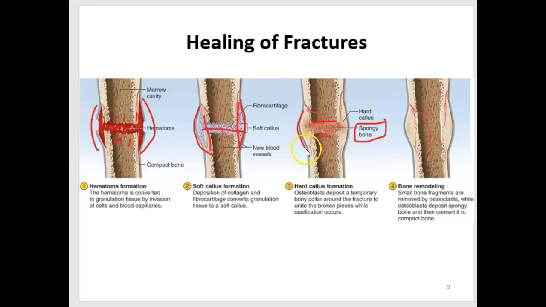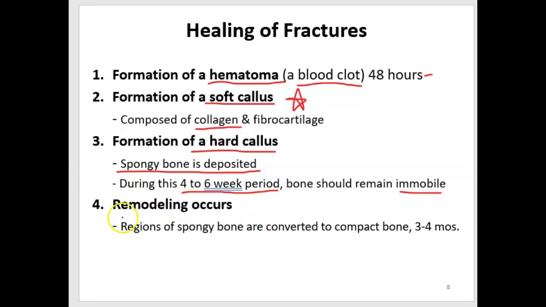Usually the outside looks a little bit more like compact bone right away, but eventually, the last step here, bone remodeling, is going to happen, where osteoclasts break up the spongy bone and osteoblasts lay down nice compact bone. This takes 3 to 4 months.